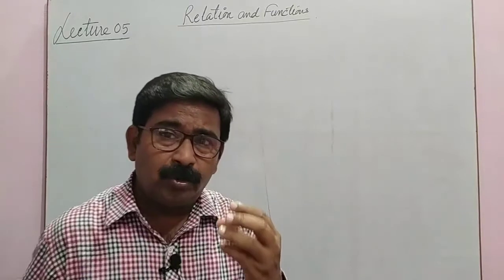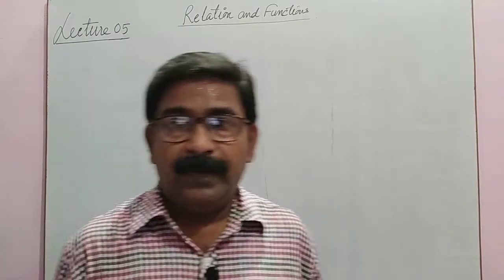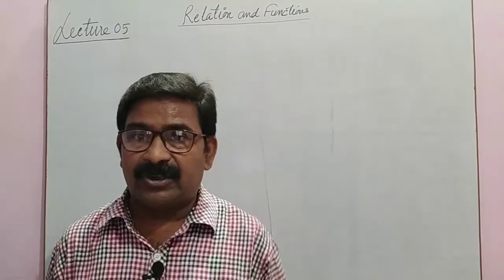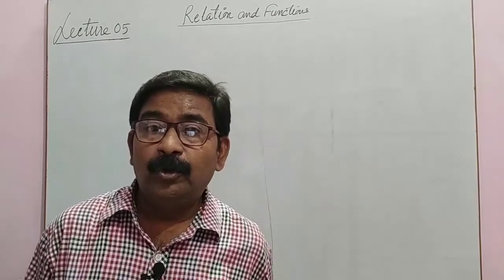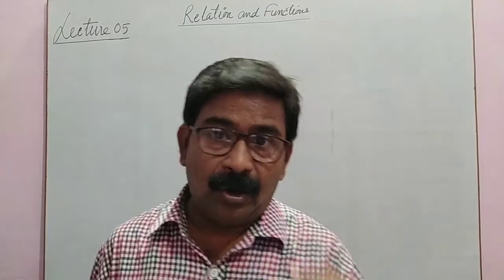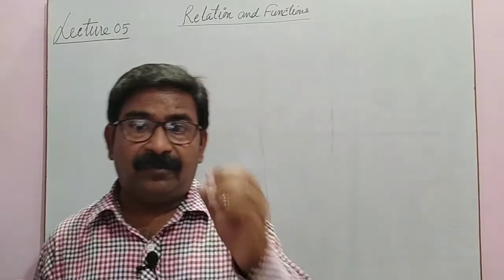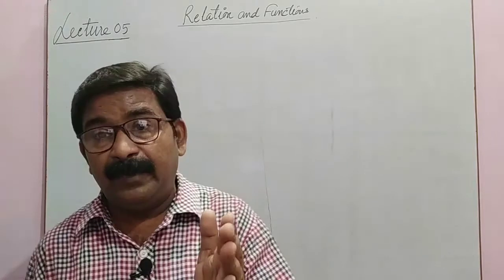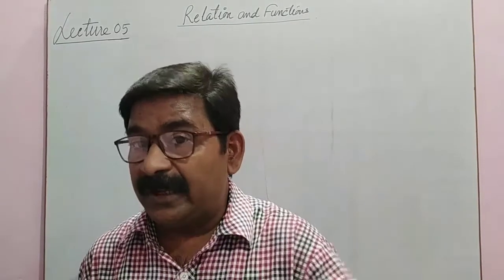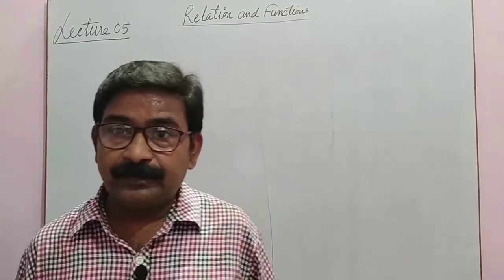Simple. Go through the word one. If we are given two non-empty sets, try to understand, and all the elements of the first set have images in the second set, that is a unique image, this is the definition of function.